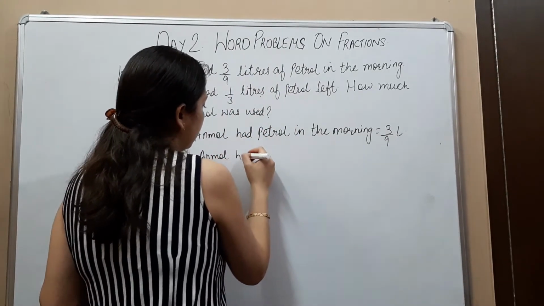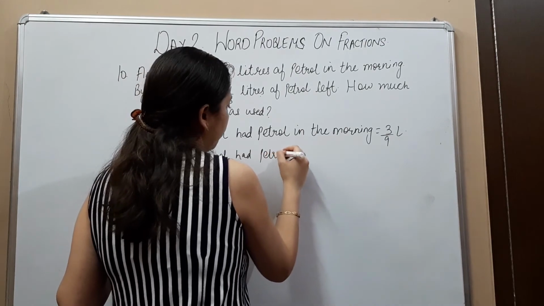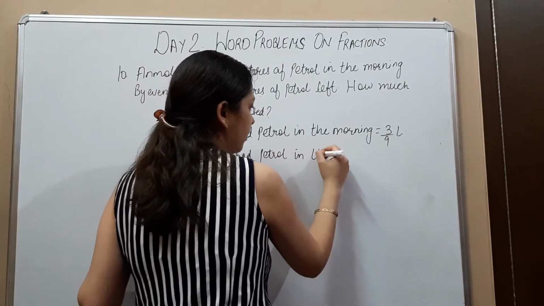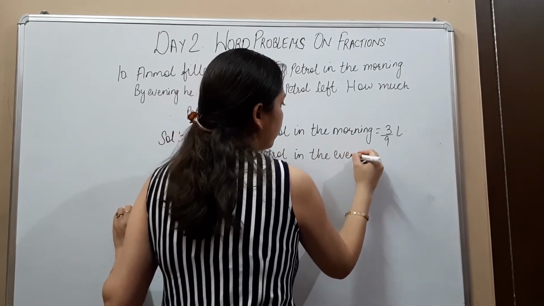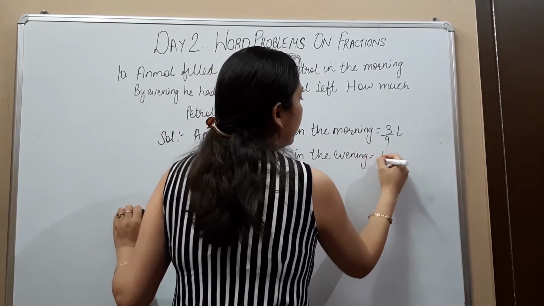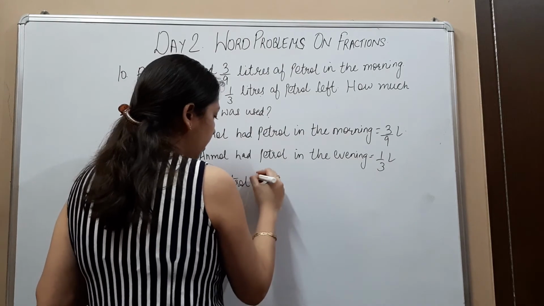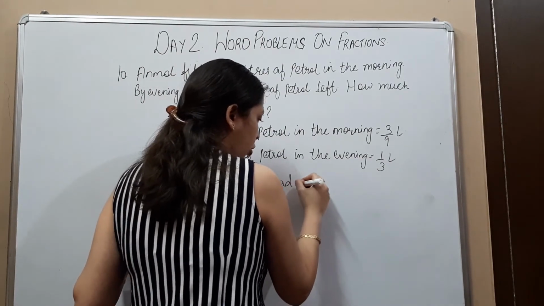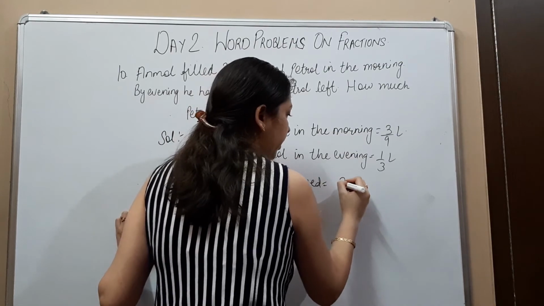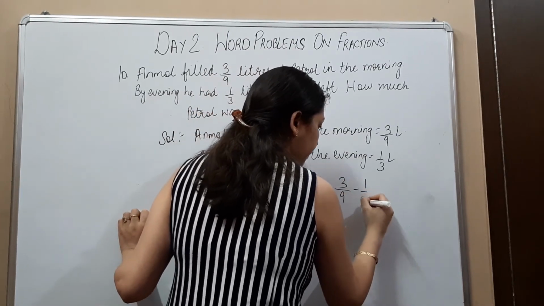In the evening he had petrol equal to 1 by 3 liter. So how much petrol he had used? We will find it by subtracting.